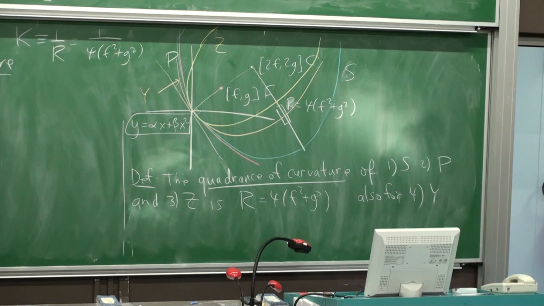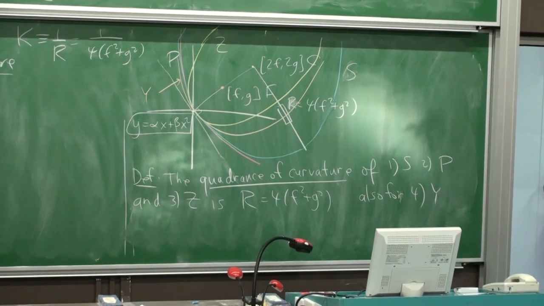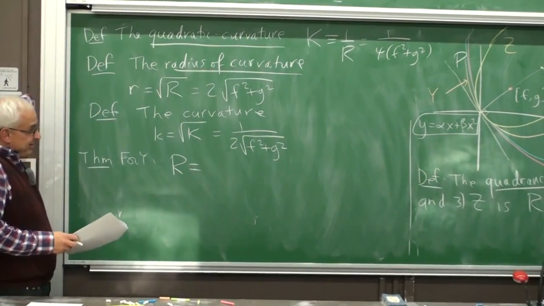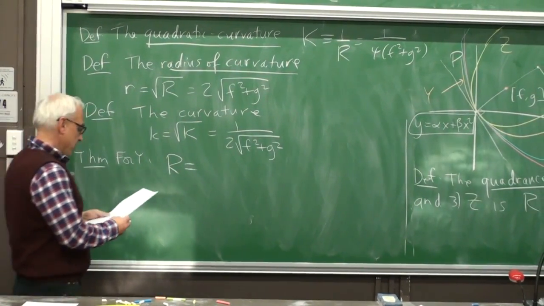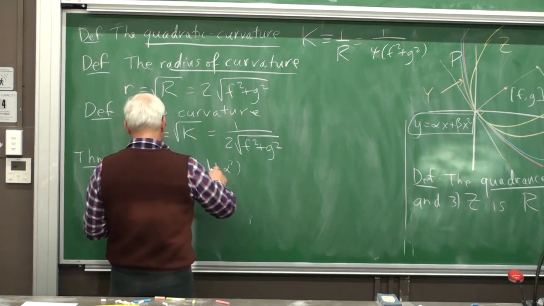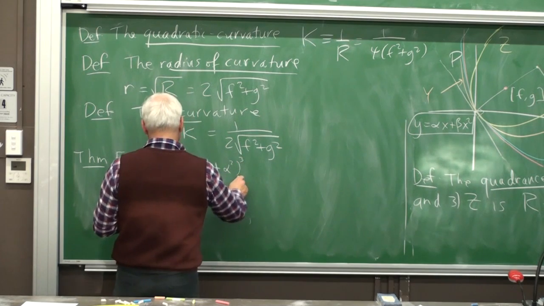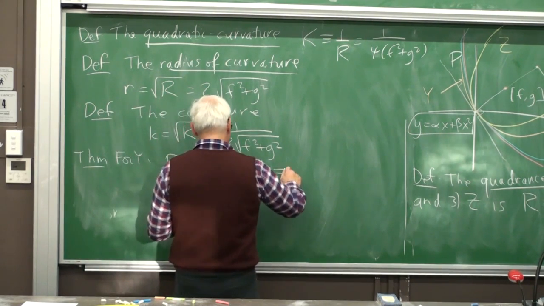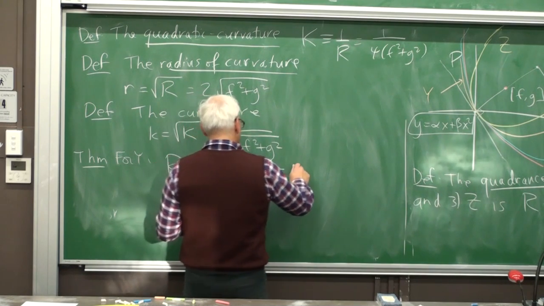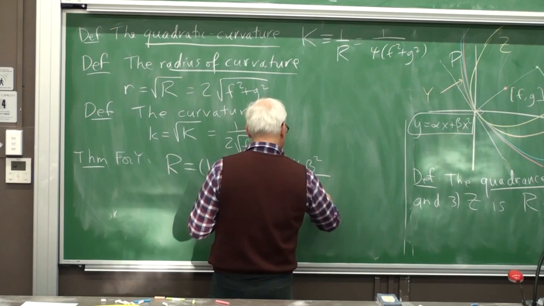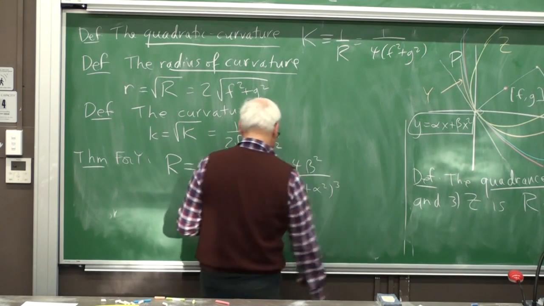So for y, in terms of alpha and beta, the quadrance r is 1 plus alpha squared cubed over 4 beta squared. The capital K is 4 beta squared over 1 plus alpha squared cubed.